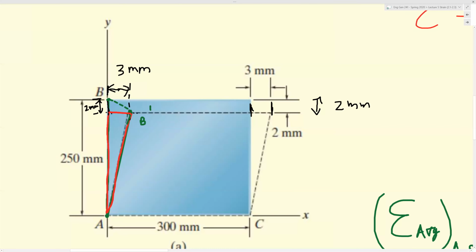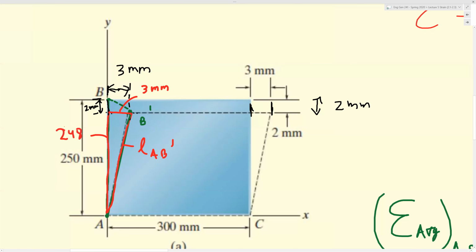So this length here of the triangle is LAB prime. What do you think this length is here? That's 3 millimeters. This length here, the whole thing is 250. Let's take out a chunk of 2 millimeters. That gives me 248, right?